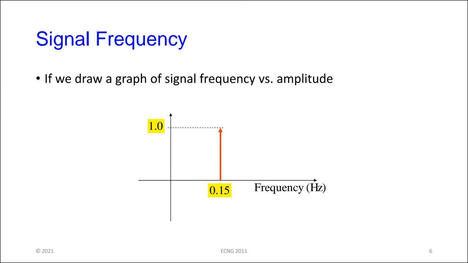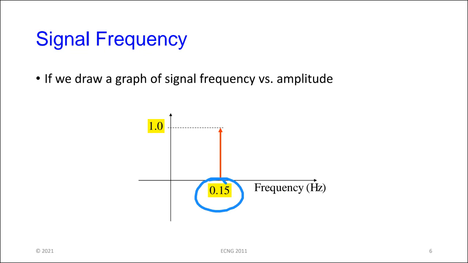So if I draw this now, instead of time versus amplitude, as frequency versus amplitude, this is what I am getting: amplitude 1 and signal 0.15 hertz.